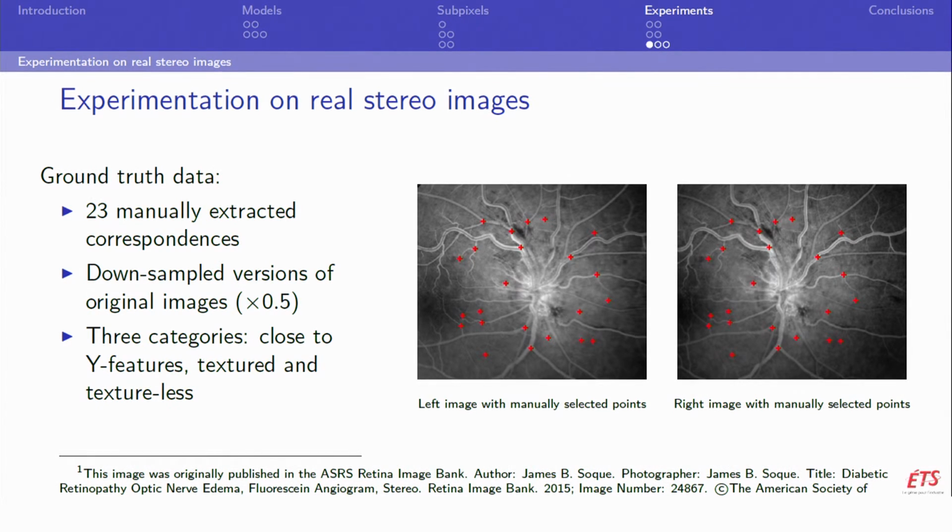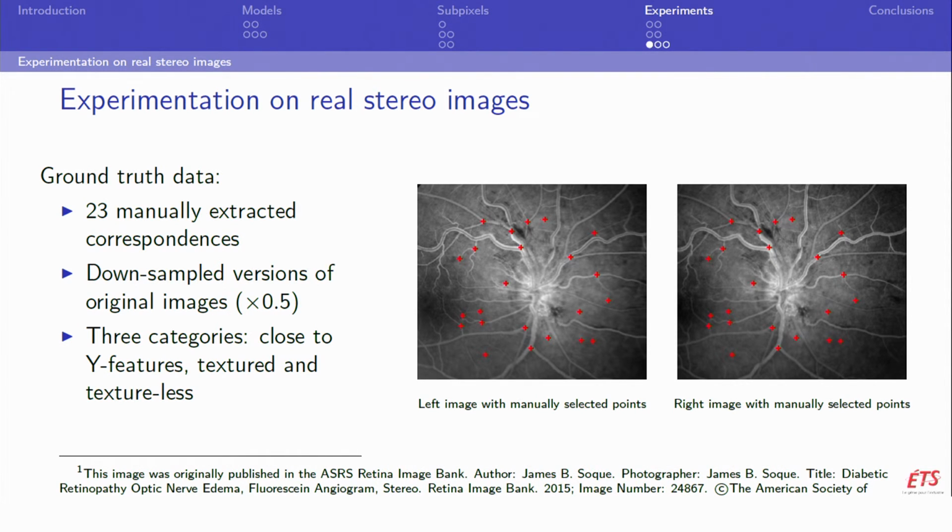Then we applied our algorithm and verified if the disparity obtained by the processing was in correspondence with the disparity obtained manually from these two images. So basically, to get to the subpixel accuracy, after extracting the disparity manually, we downsampled the images and applied the algorithm on a downsampled version of the image.